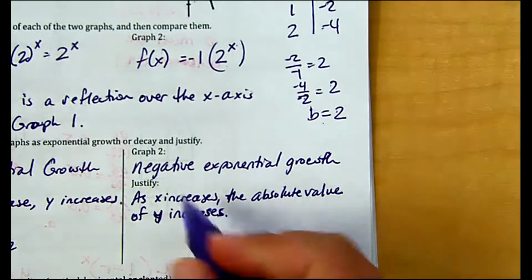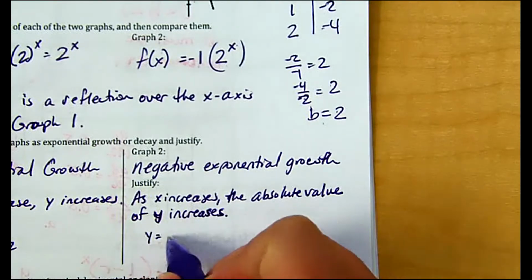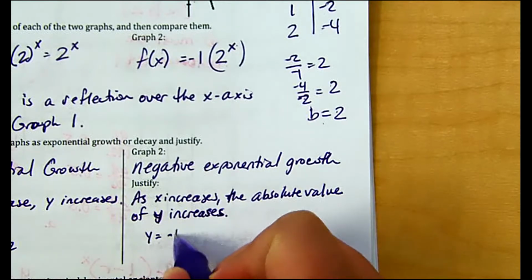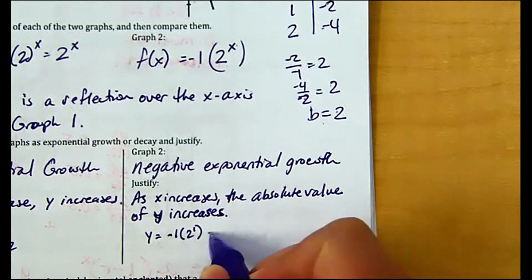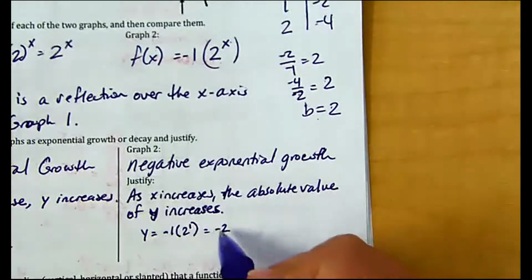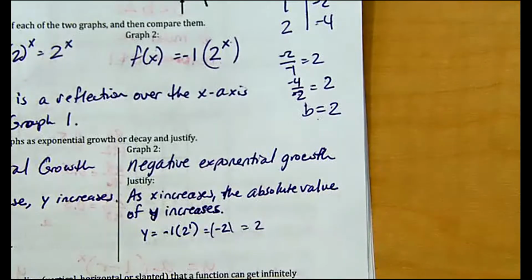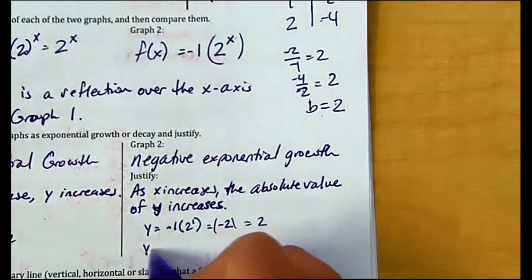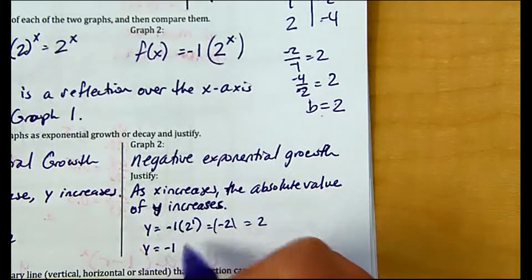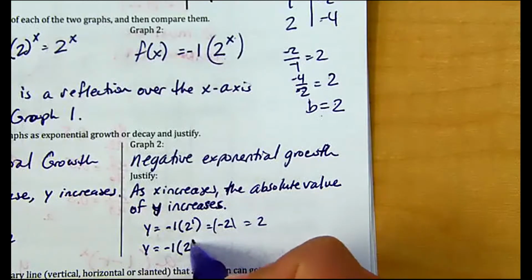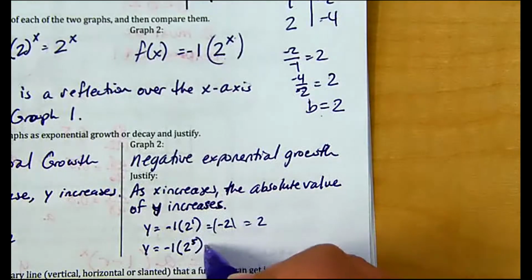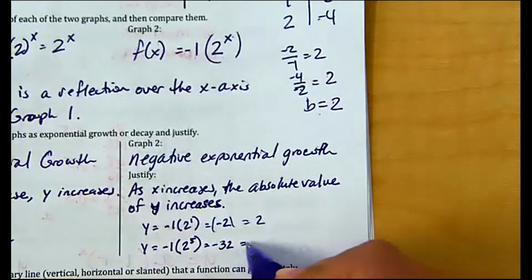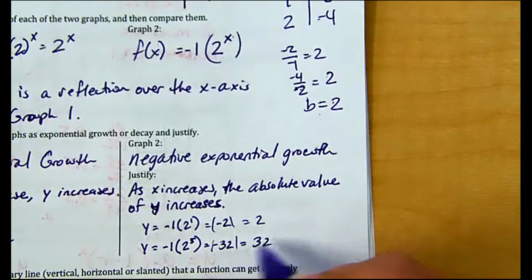So if I take a look at this example, y equals negative 1 times 2 to the 1 power, that's going to give me negative 2, which the absolute value of is 2, right? And then y equals negative 1 times 2 to the 5th power will give me a negative 32, which the absolute value of will then give me a 32.